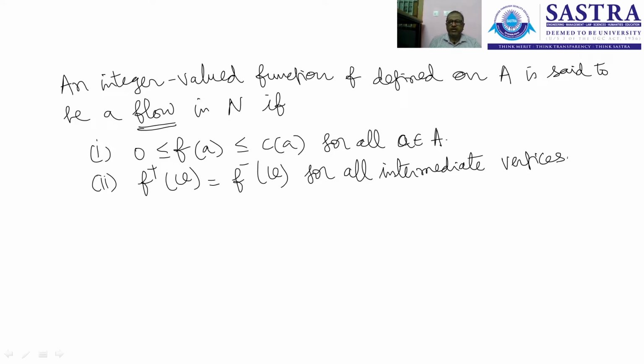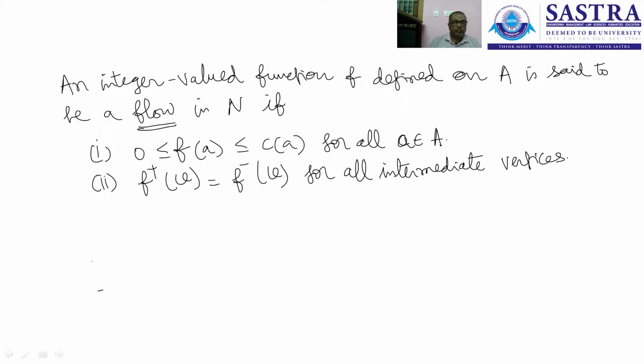That is, incoming value should equal outgoing value for all the intermediary vertices. If these two conditions are satisfied, then the function that you define is called a flow here.